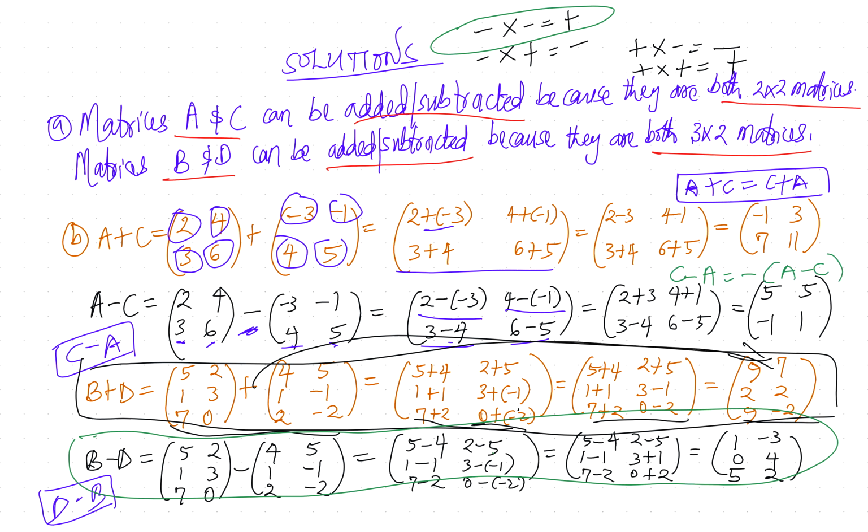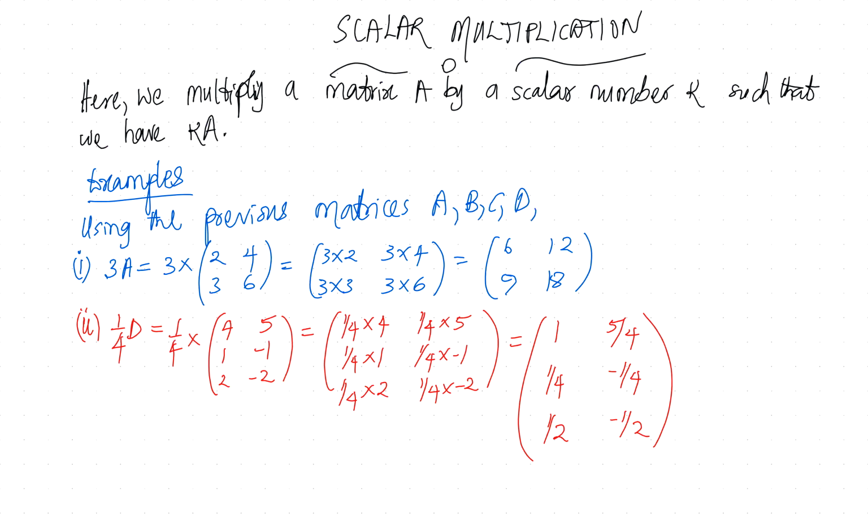And the same would apply to D minus B. So D minus B would be the negative of B minus D. So D minus B is going to be minus 1, 3, 0, minus 4, minus 5, minus 2. So that goes.